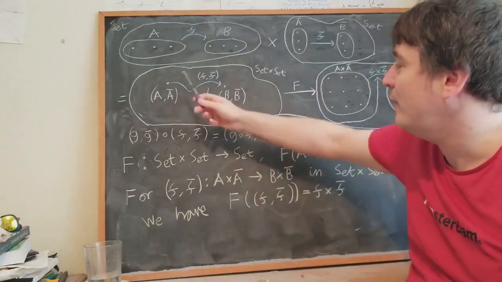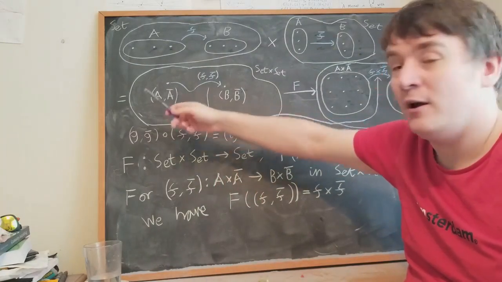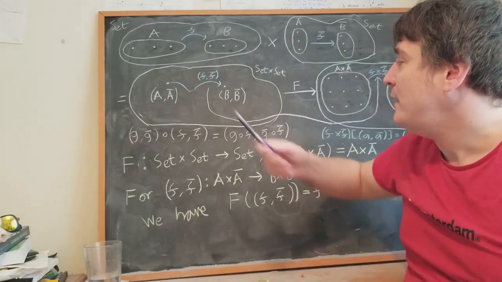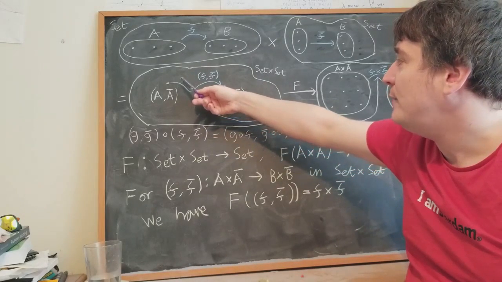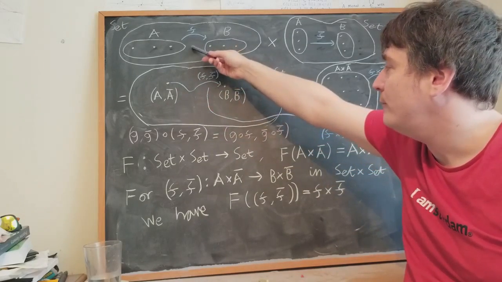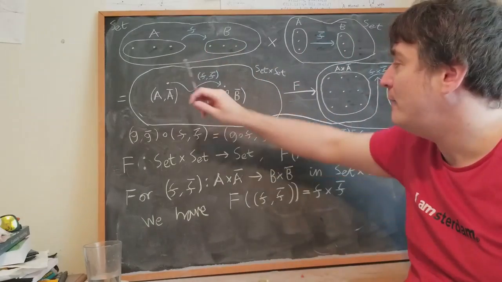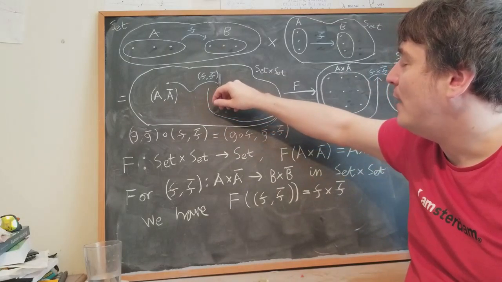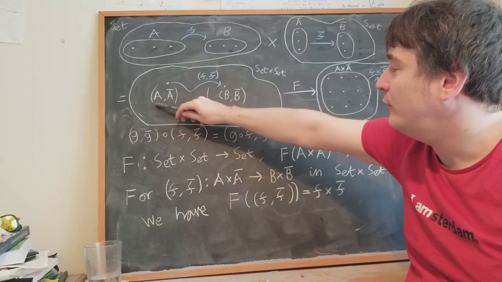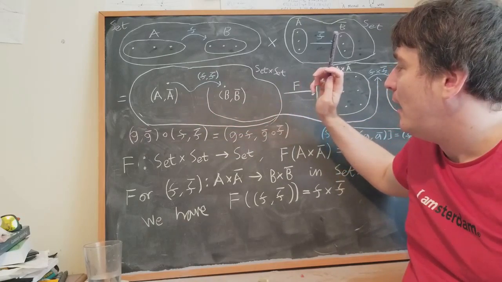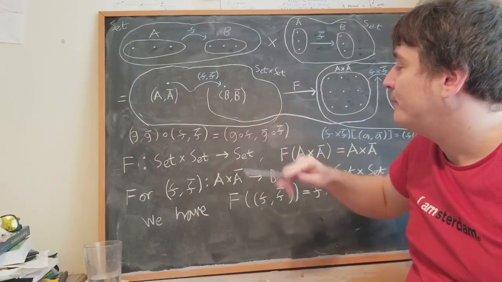The categories are the same, so the objects are going to be pairs of sets. And the arrows are going to be pairs of arrows, an arrow from this category and an arrow from this category. So we'd have an arrow f comma f bar, which takes us from the object a comma a bar to the object b comma b bar.